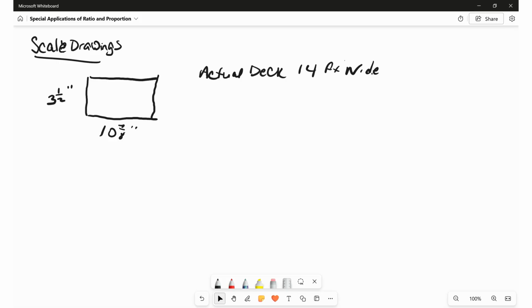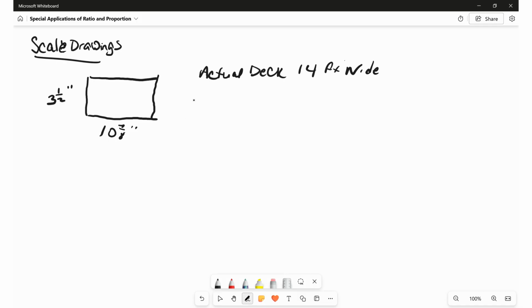Well, we might look at this and think, can we compare these two different things? I mean, we have inches, we have feet. When we get into chapter 2 about measurements, we're going to look at converting measurements.